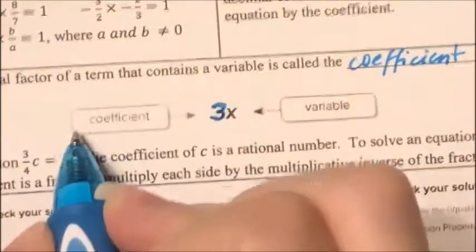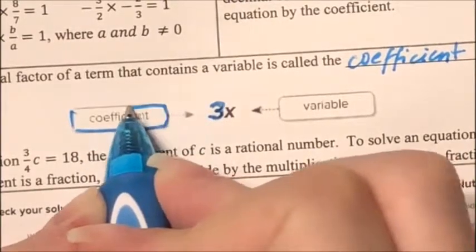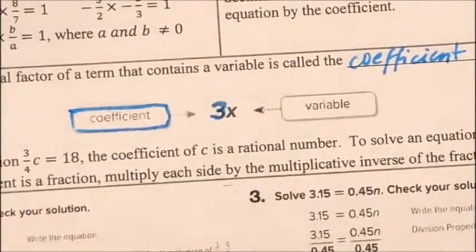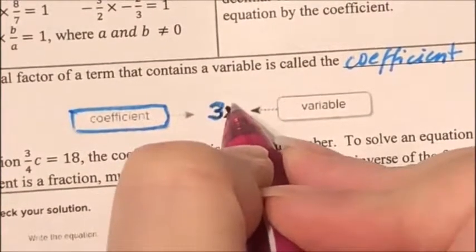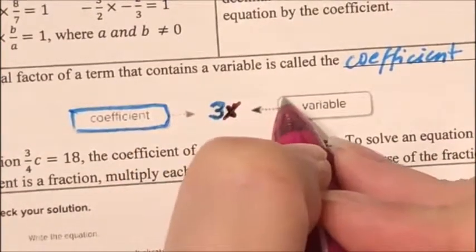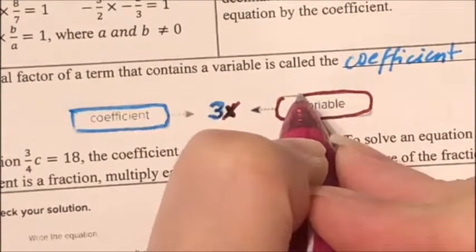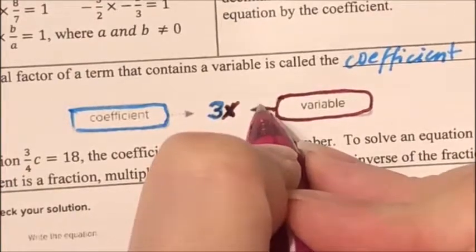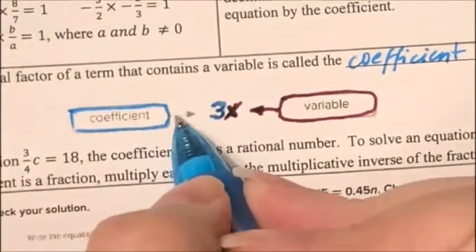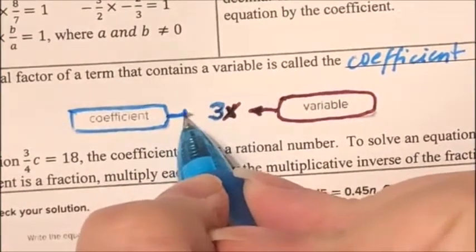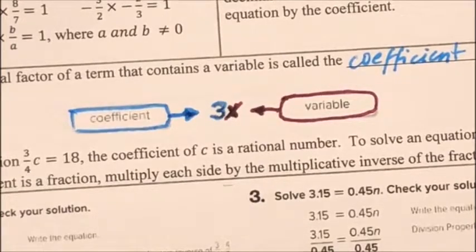So that's the coefficient. And then I have x, which is my variable. Remember, a variable can be any sort of symbol, letter, anything like that. Coefficient is the number out in front of the variable.